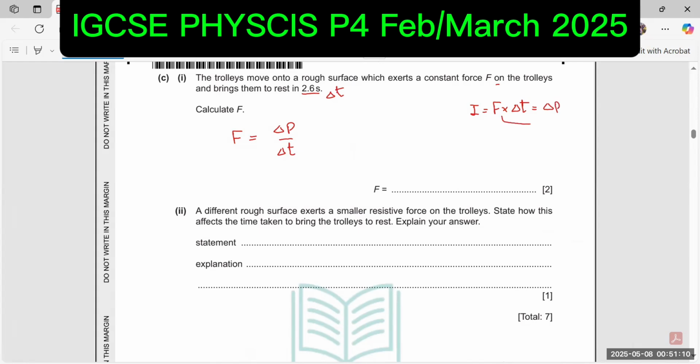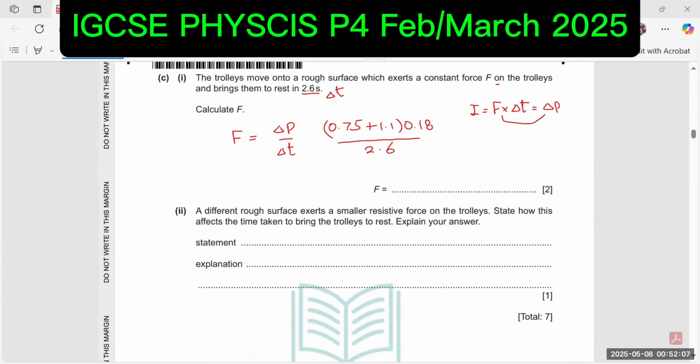So if we solve this, we get change in momentum over time. What was the change in momentum? The total mass with their combined velocity, 0.1, divided by the time. Time is 2.6 seconds. After calculating this, you will get the force 0.13 Newton.